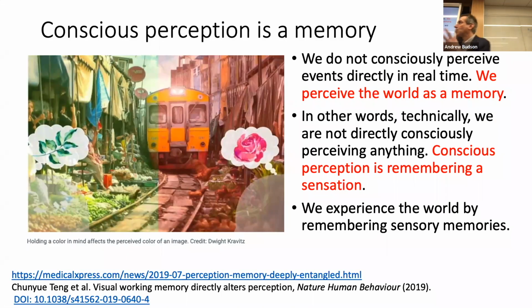And because of this, what we argue is that our conscious perception is actually a memory. So we're not directly perceiving the world. We are remembering a perception of the world. We essentially experience the world by remembering sensory memories.